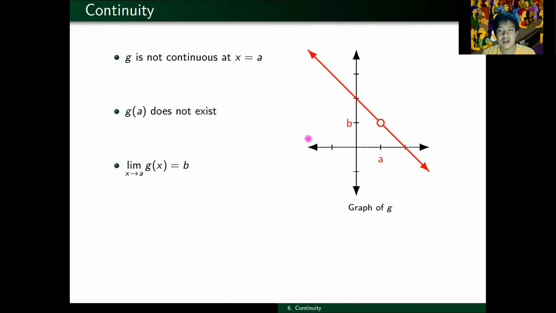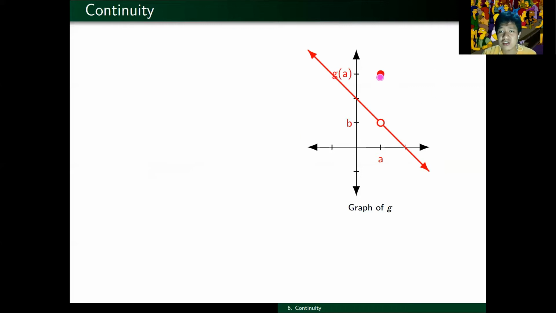Last, dagdagan natin dito. Nabigyan natin ng function values a. But still, this function is not continuous at x equals a because of the jump. Tumalon siya doon. Papunta rito. But this time, g of a exists. We have assigned a function value of a for a, which is whatever this number is.